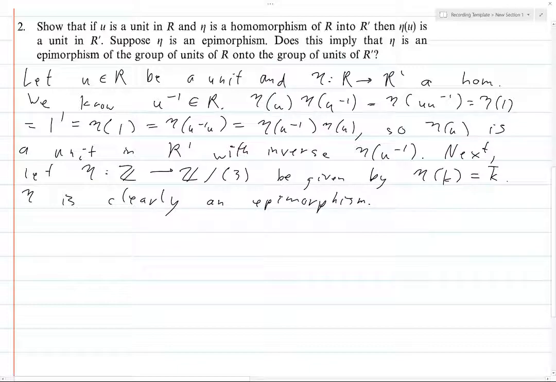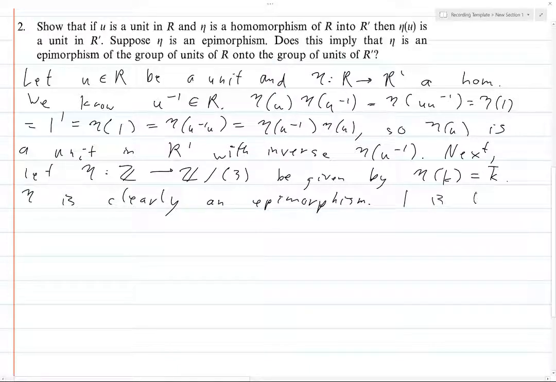We're just modding out by an ideal, and just taking 0, 1, and 2 will give you all of Z mod the ideal generated by 3. Anyways, it's clearly an epimorphism.